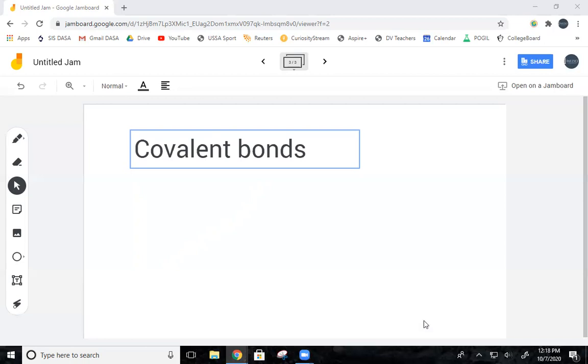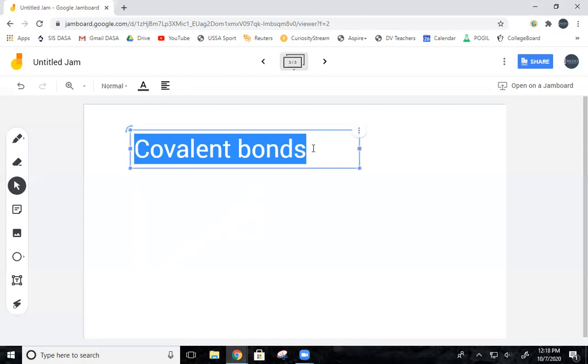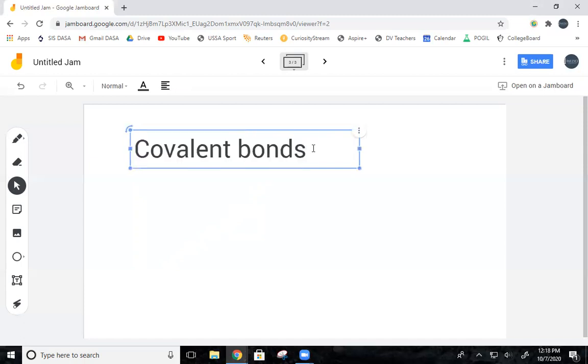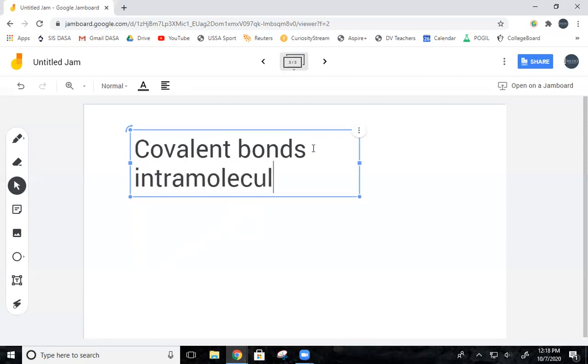And it is also related, in covalent bonds, to the intramolecular forces.